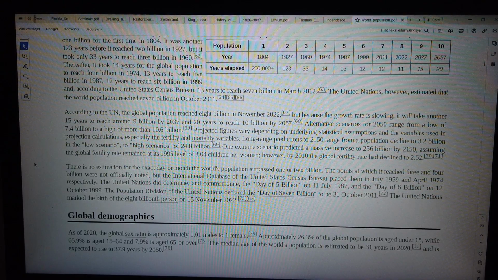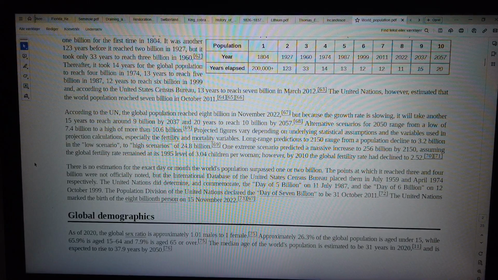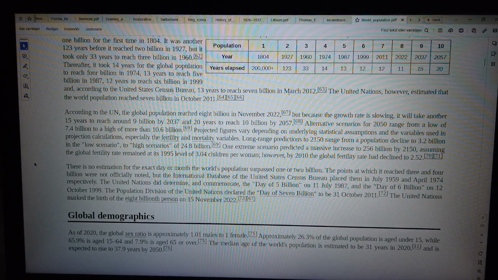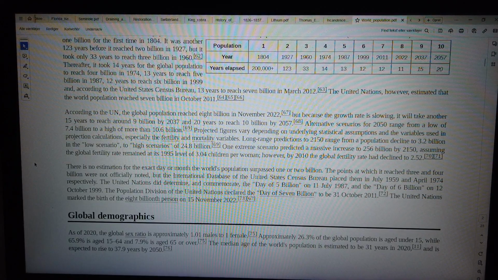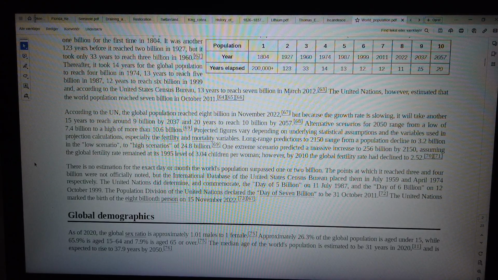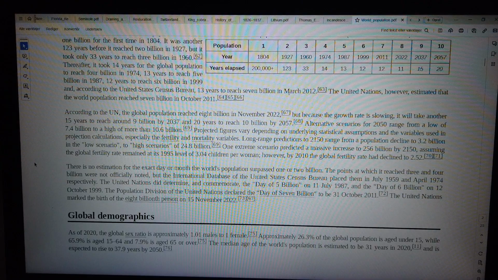The United Nations did determine, and commemorate, the day of 5 billion on the 11th of July 1987, and the day of 6 billion on 12 October 1999. The Population Division of the United Nations declared the day of 7 billion to be the 31st of October 2011. 72. The United Nations marked the birth of the 8 billionth person on the 15th of November 2022.